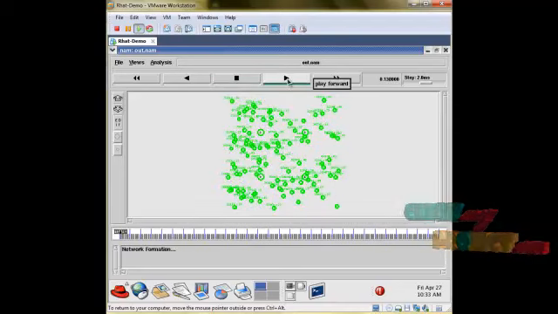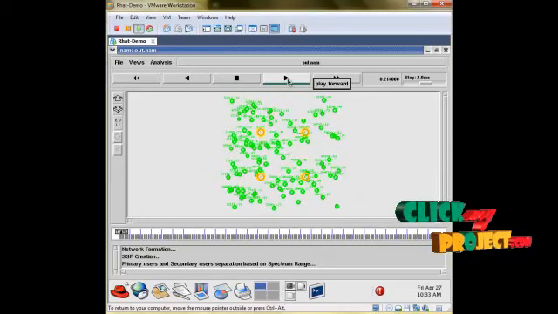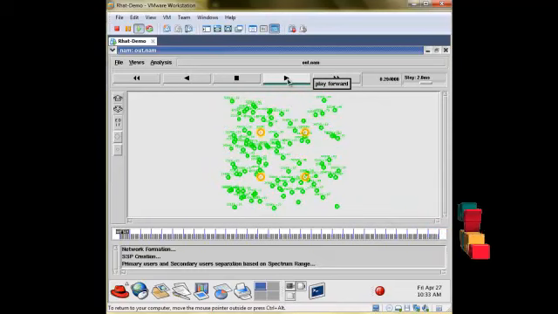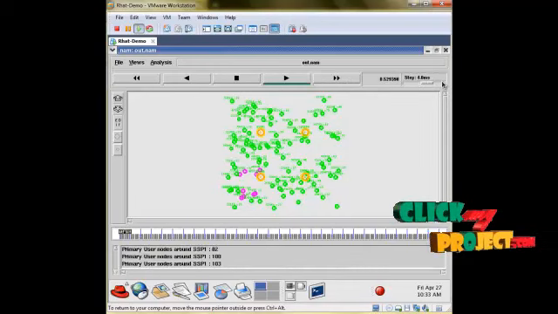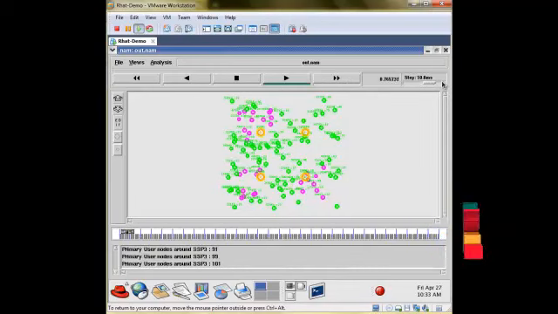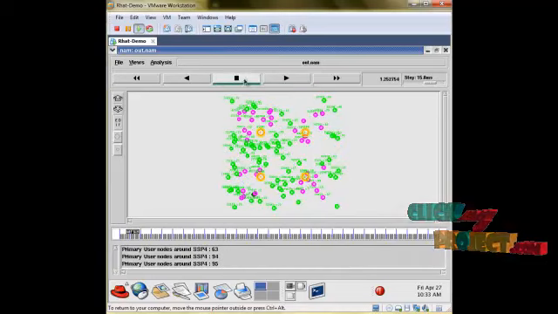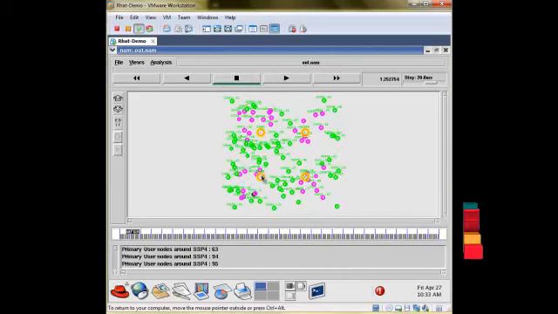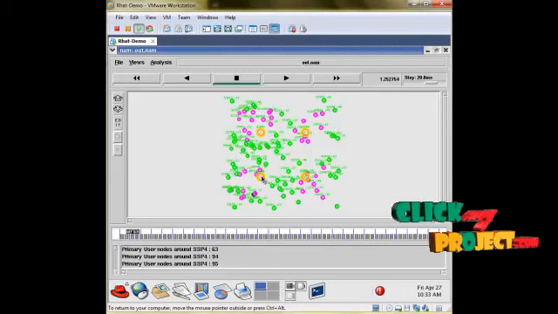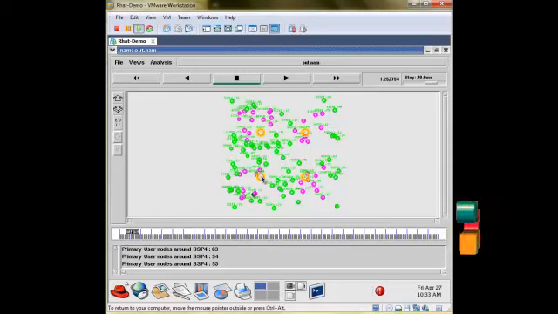Our network has a large number of nodes with cognitive radio networks. Now I am setting the speed as 120 milliseconds. This is our network with the RSS key generated. Now the primary and secondary users are formed.